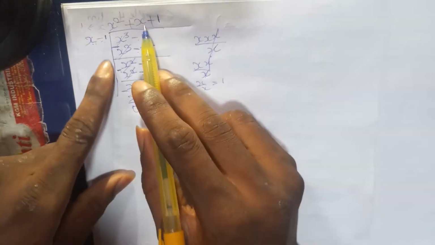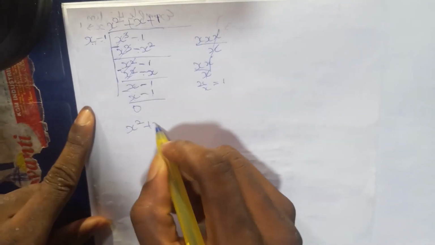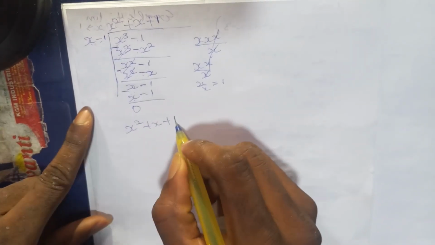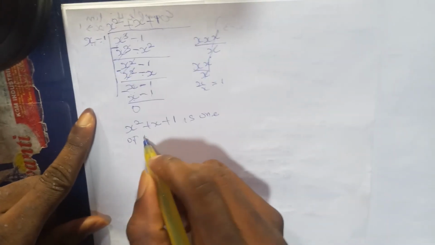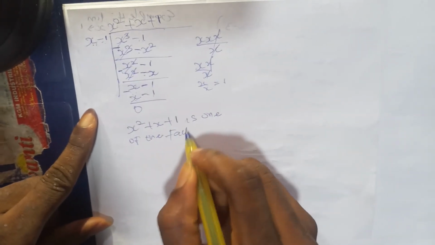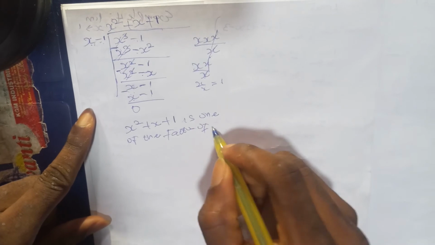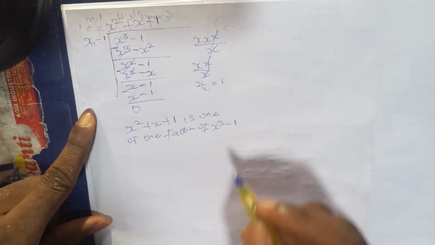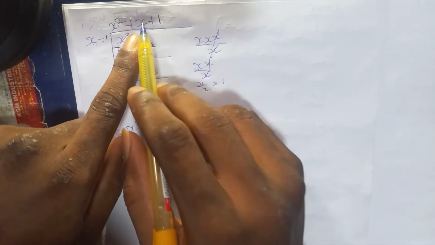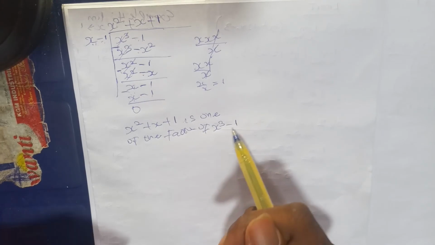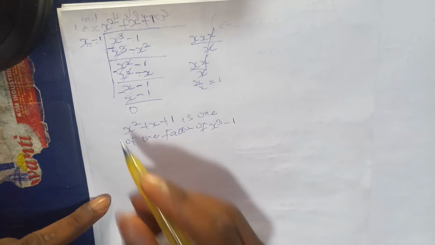Now this is a factor. This x squared plus x plus 1 is one of the factors of x cubed minus 1.